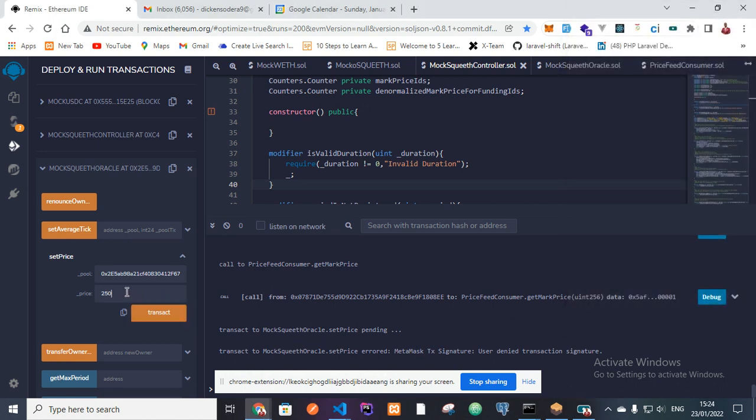So I've set the pool price to 250, from the mock oracle.